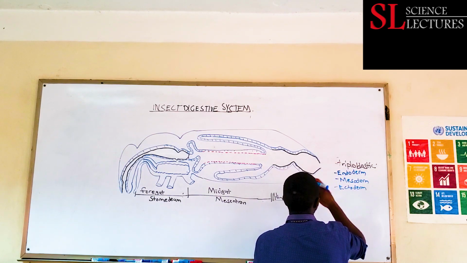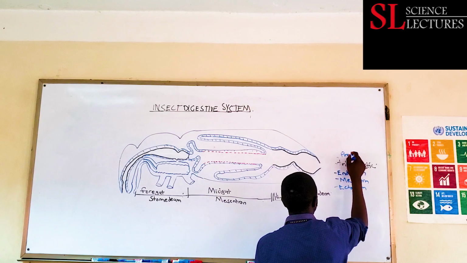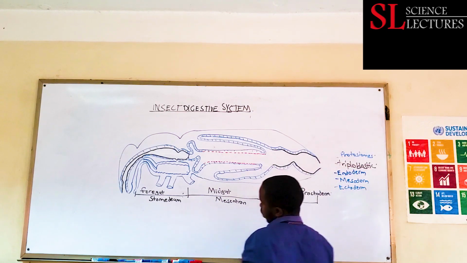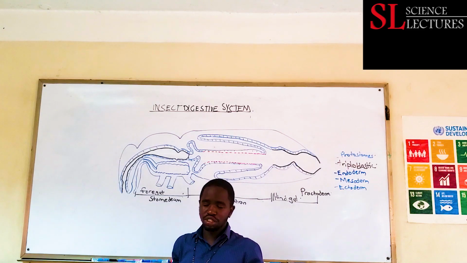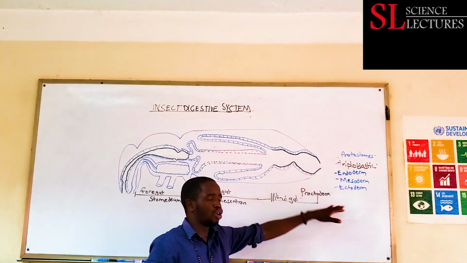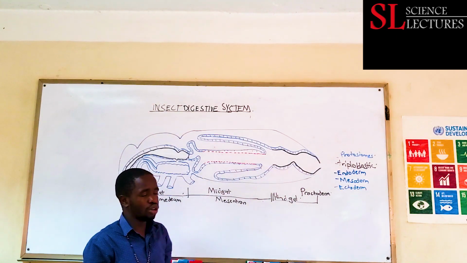And before you forget, we say insects are protostomes, members of the group Protostomia, whose mouth develops before the anal opening. The blastopore forms an oral opening before forming the anal opening.